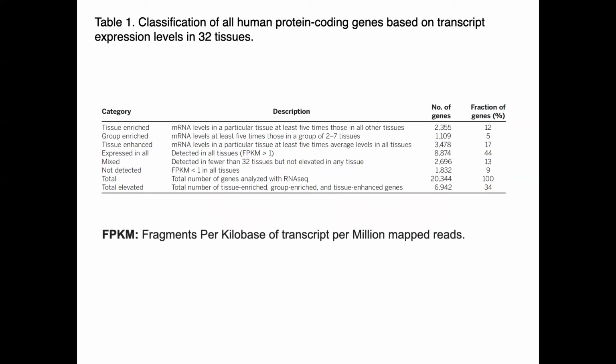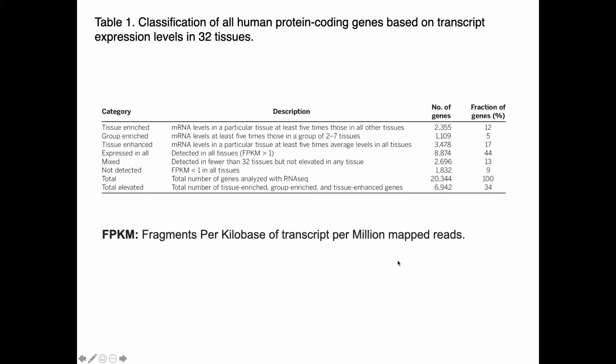So I hope you can still remember how RNA sequencing works. Here, the authors used FPKM as a criterion for the level or amount of RNA in RNA sequencing. Then what is FPKM? It stands for fragments per kilobase of transcript per million mapped reads.